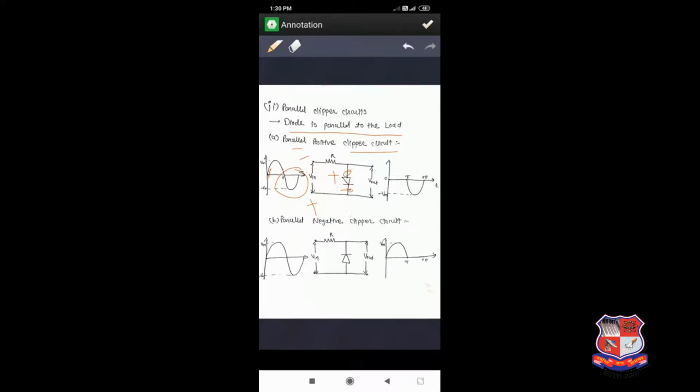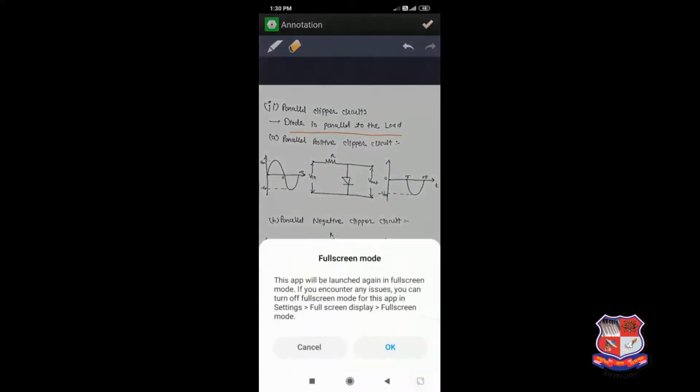Because this is open, the whole output voltage is equal to the input voltage. These are the parallel positive clipper circuits. In that, the positive portion of the whole cycle is skipped.